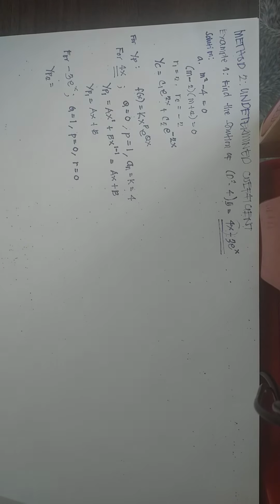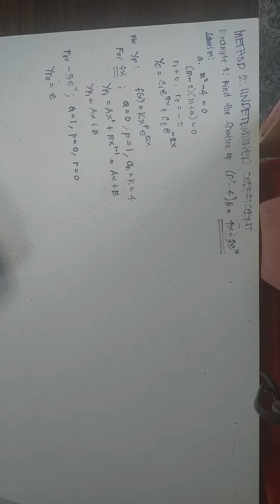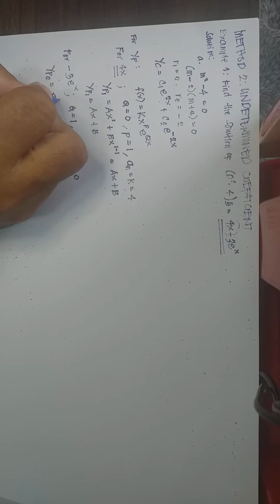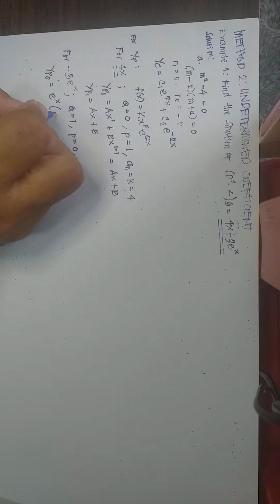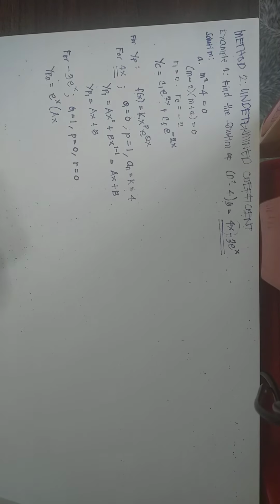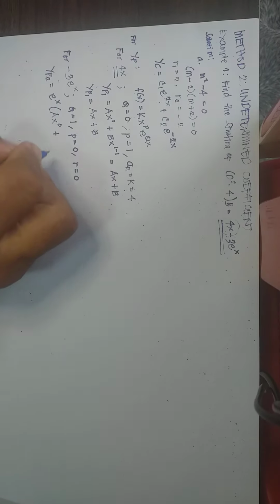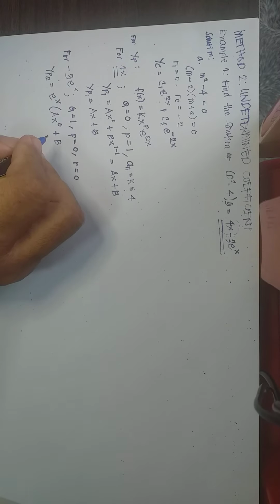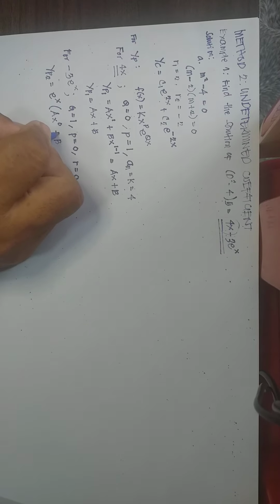So we have e raised to qx, your q is 1, times (a x raised to p, but p is 0, plus b x raised to p minus 1), wala naman pala tayong p minus 1, 0 minus 1 ba?